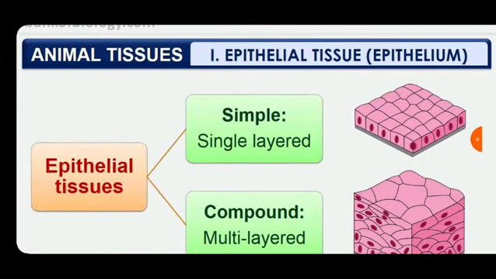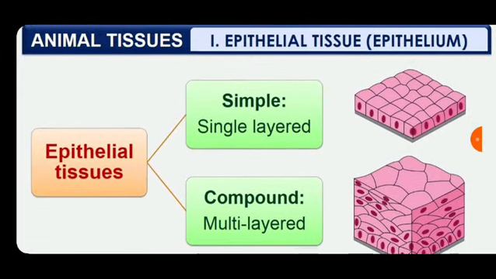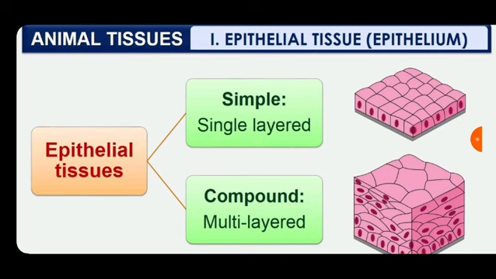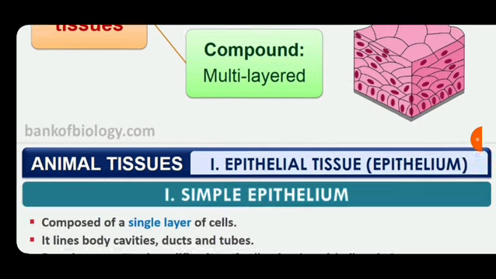The simple epithelial tissue is the first type and the compound epithelial tissue is the second type. The simple epithelial tissue shows a single layer, and the compound epithelial tissue shows many layers.